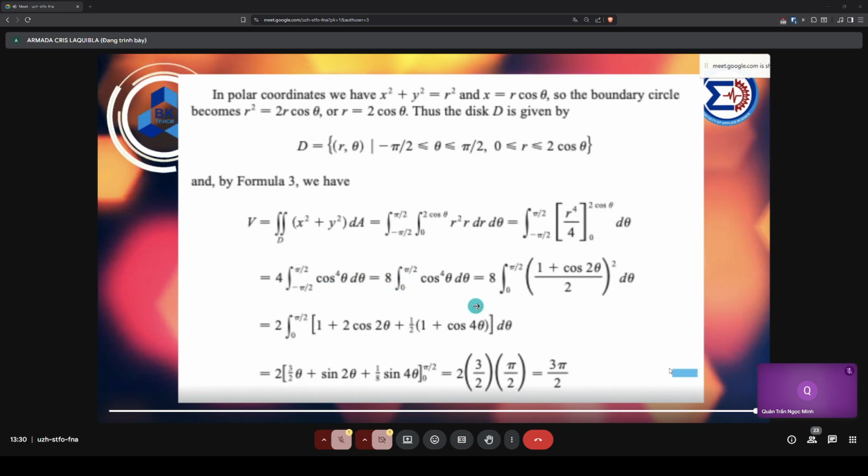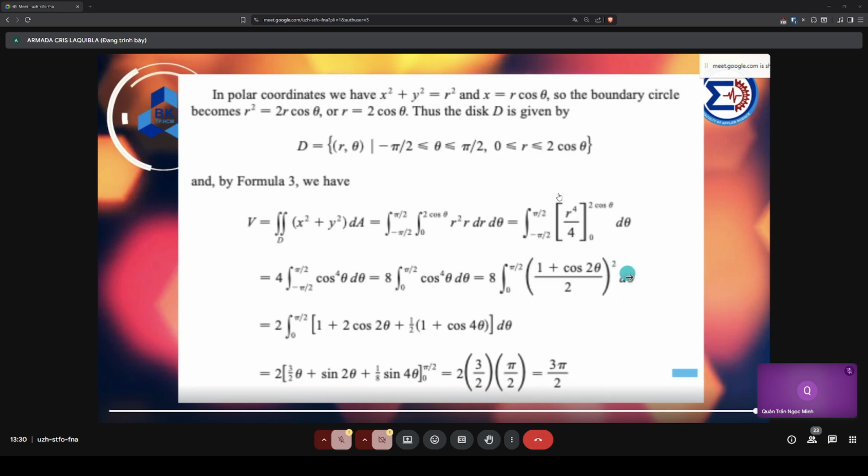Okay? And now the cos to the power of 4 theta. They separate this one. They make it like cos squared theta, squared. Now the cos squared theta is equal to 1 plus cos 2 theta over 2.